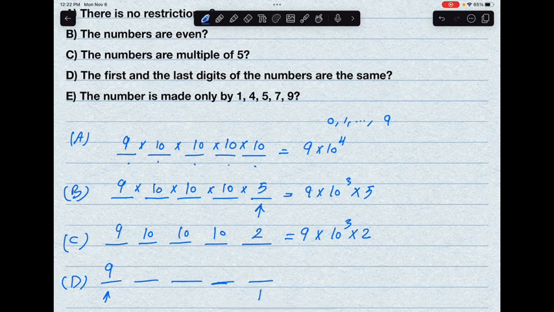For the last one, we have only 1 choice, because we're using exactly the same digit as the first. And what about the other 3? Here we can use any of the 10 digits.